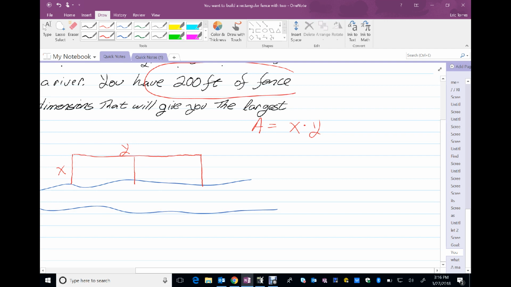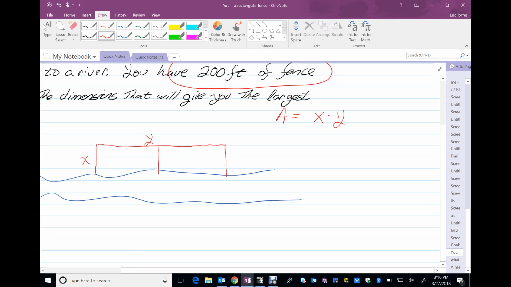Earlier in the word problem, it was given that we have 200 feet of fence. So let's talk about the actual fence we're going to use. We're going to use one x length here, this will be a second x length, and this is the third x length. So we will have 3 lengths of x plus 1 length of y giving a total of 200 feet.